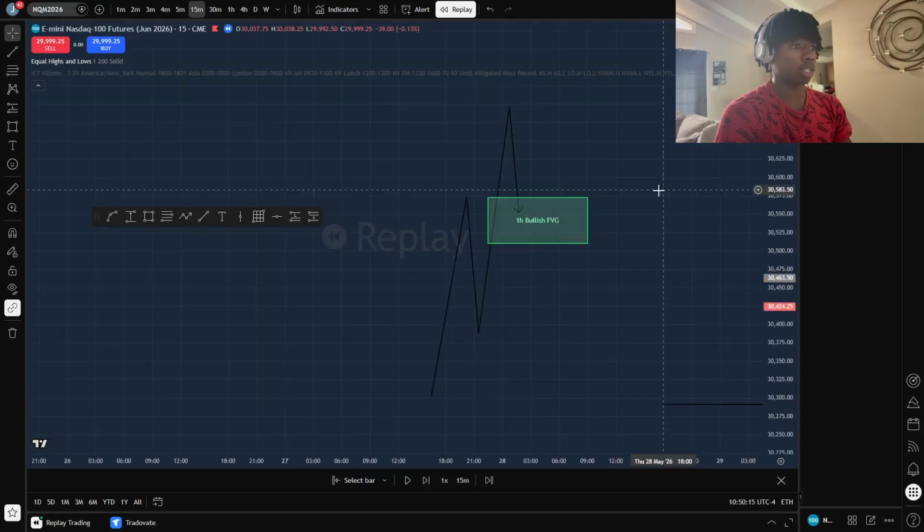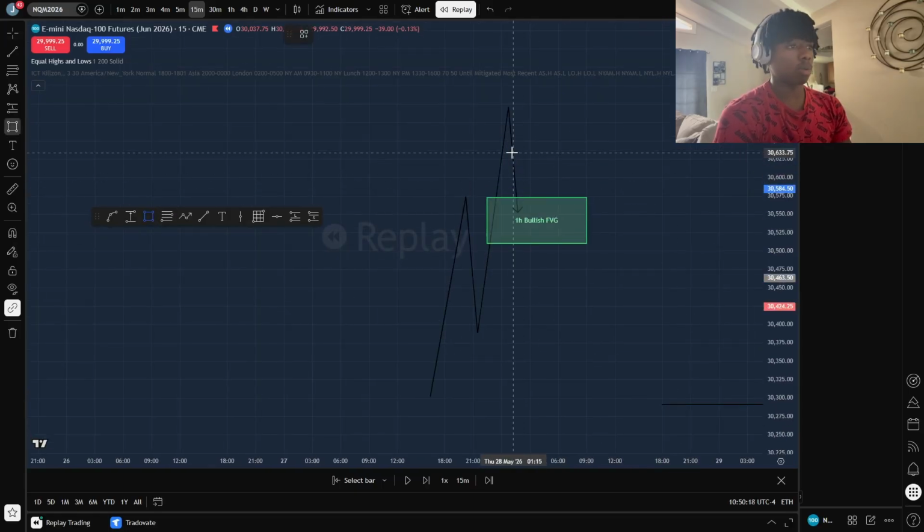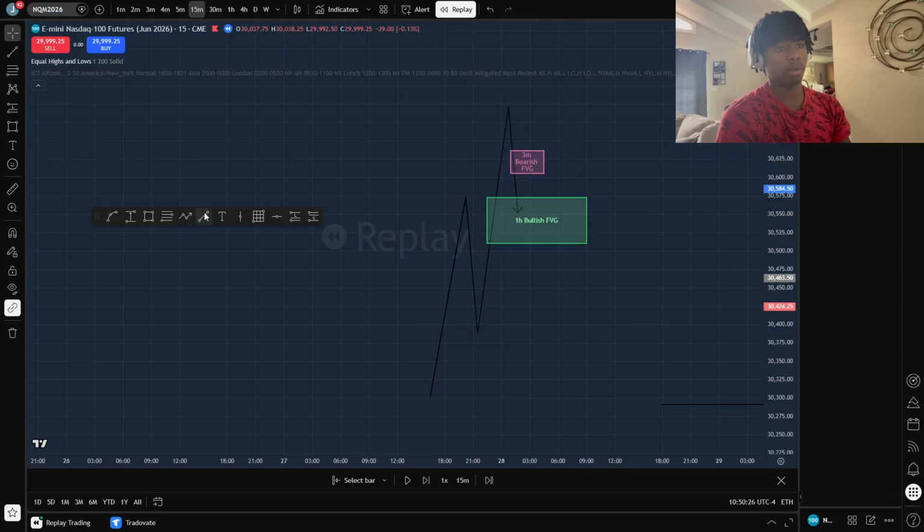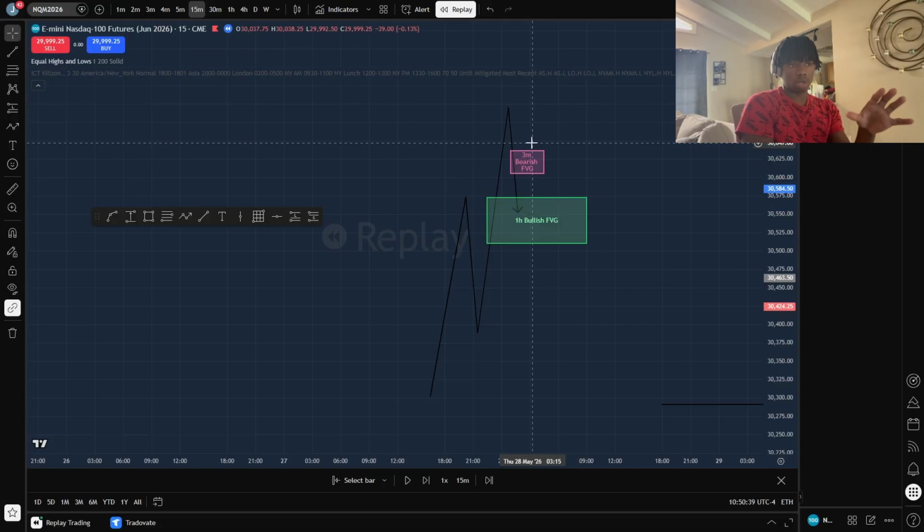But let's say we have a 3 minute bearish fair value gap, and this is the highest time frame. If this play was going to play out, I would want to see this get inversed to the upside like this. Now, 30 seconds are those type of things where it's very situational, okay?